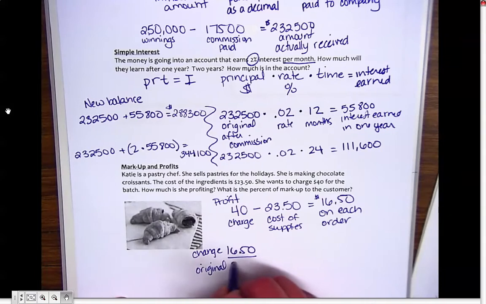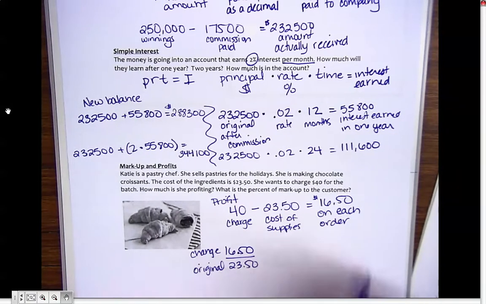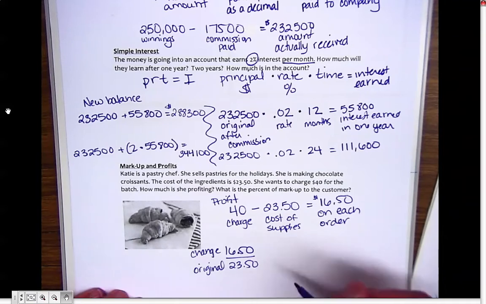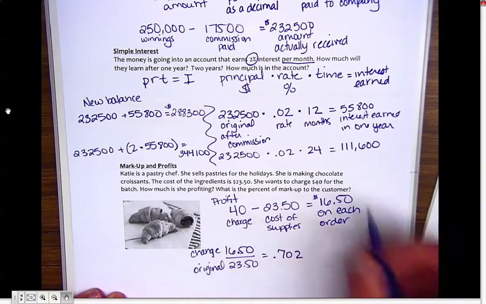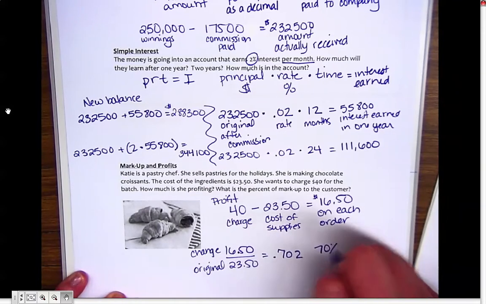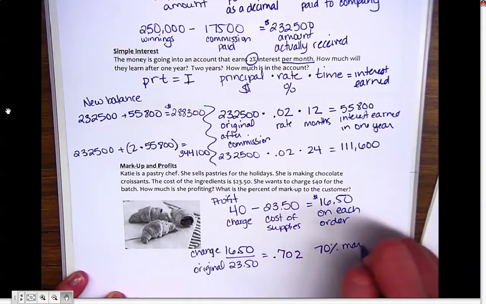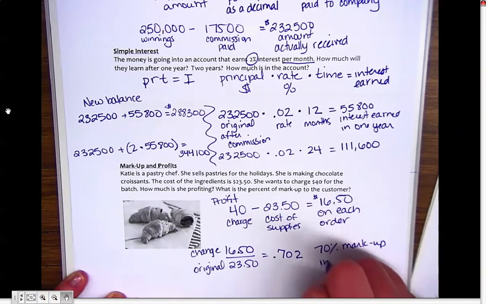And we find that when we do that, she is marking up the cost 70%. So this is 0.702. So we have a 70% markup in price.